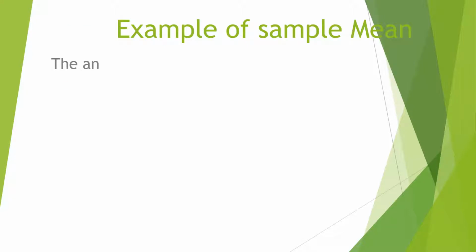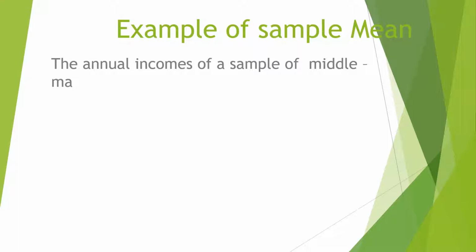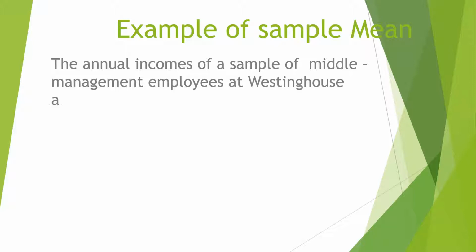Okay, so the example of the sample mean. The annual incomes of a sample of middle management employees at Westinghouse are 62,900, 69,100, 58,376, 800.